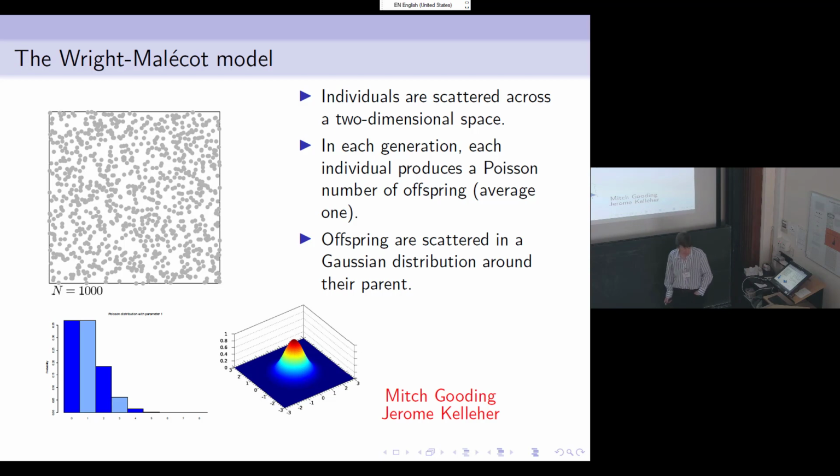So what Wright and Malécot did, this is how we should have been ending the last lecture, was they assumed that this Poisson distribution of points, this sort of uniform distribution across the plane, was a stationary distribution for the process. So if you looked at this, and then looked away for a few generations and looked back again, it would still statistically look the same.